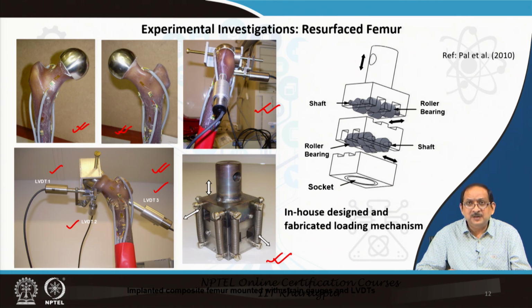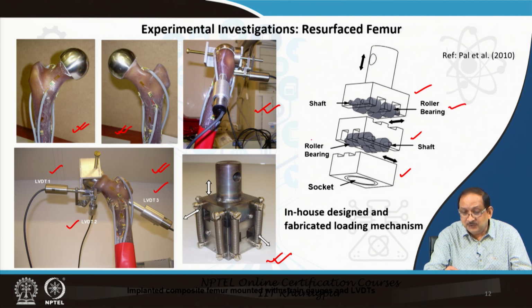The loading fixture actually consisted of 3 blocks, as you can see here in the slide, with 2 sets of crosswire roller bearings. The 2 sets of roller bearings are in 2 different, perpendicular directions.